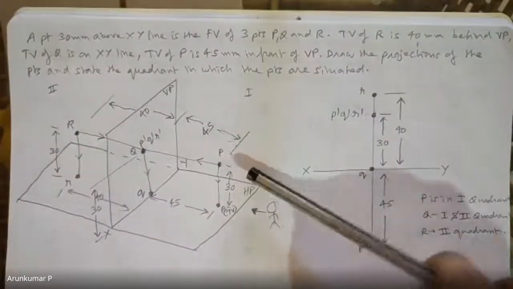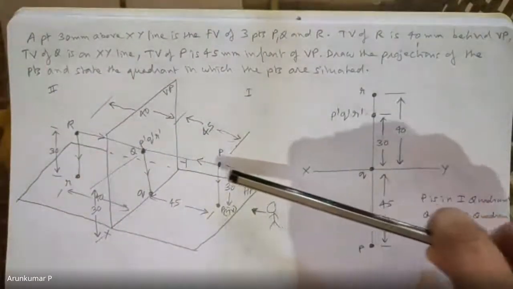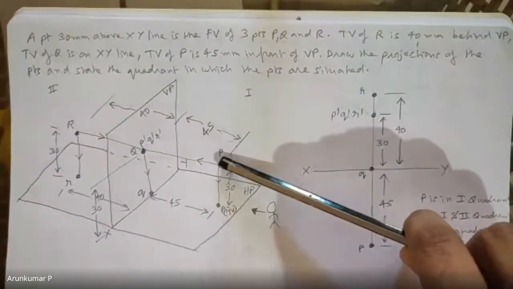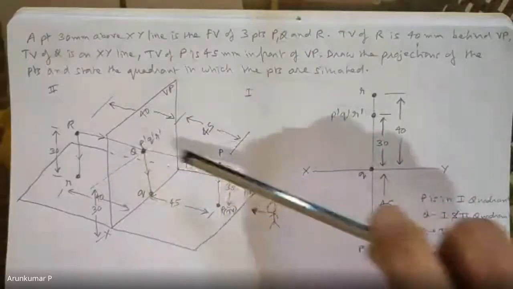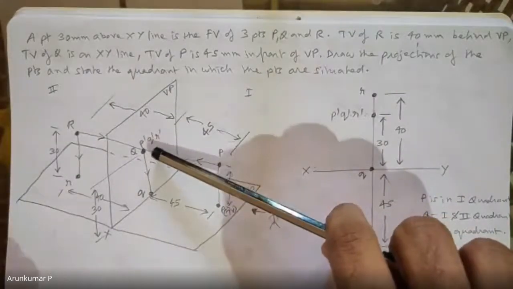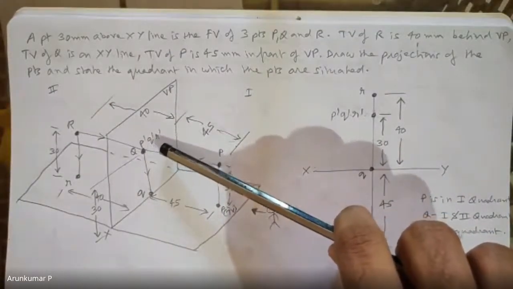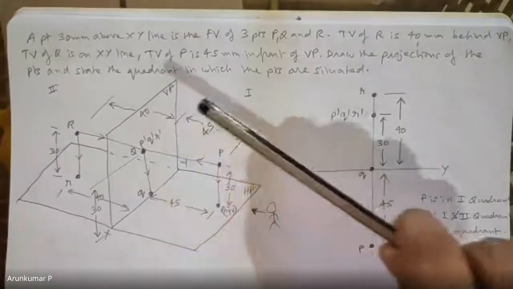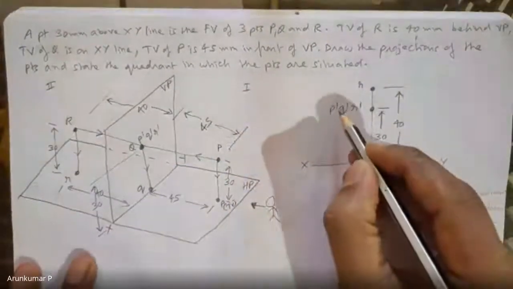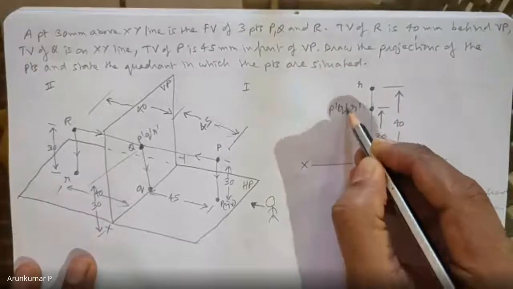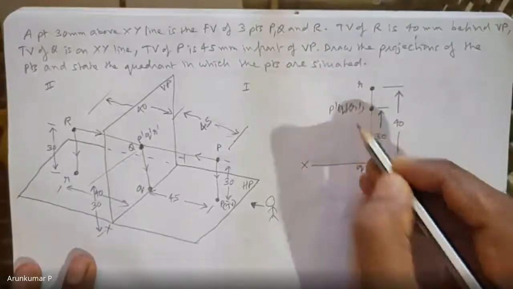It's simple. When you're looking in the front direction, which is the point you're seeing first? P. So obviously, the front view of P dash is the only front view you're going to see. This Q dash and R dash are not seen. So you can put Q dash in bracket, you can put R dash in bracket.